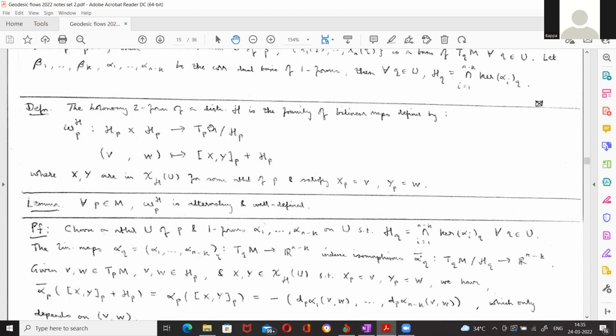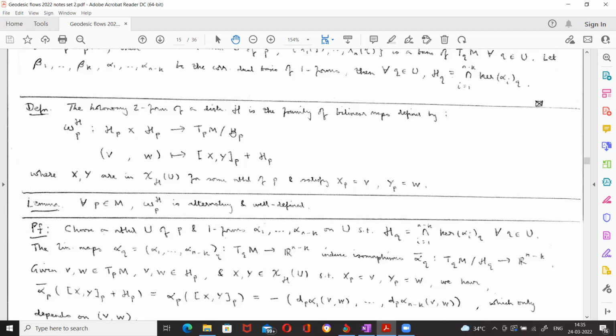For vectors V and W, you look at vector fields X and Y which are tangent to H and whose values at P are V and W, and then you take their bracket and look at it at the point P. This is independent of the choice of X and Y, so it's well defined. And of course, because the bracket is alternating, this gives you an alternating bilinear form taking values in TPM mod HP.